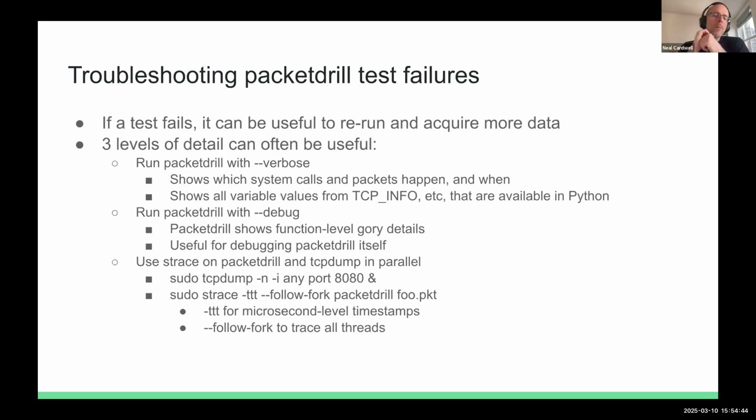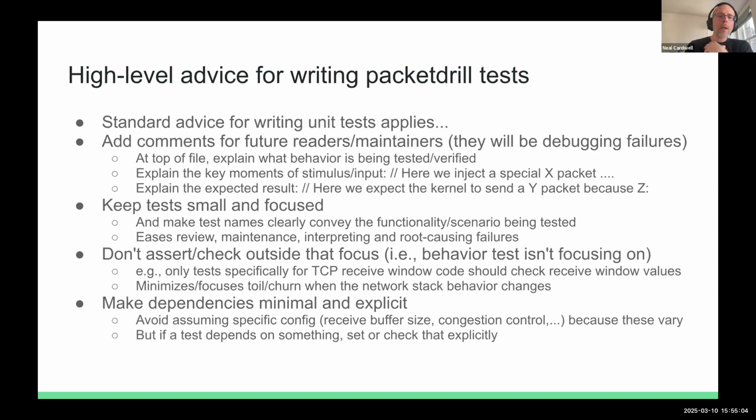Port 8080 is the default port, so that'll allow you to see the traffic, whether it's on a tun device or a real device. And then you can run strace and look at the system calls that Packetdrill is running on your behalf. That generally is the most useful approach in my experience.